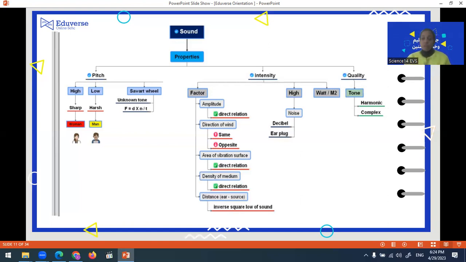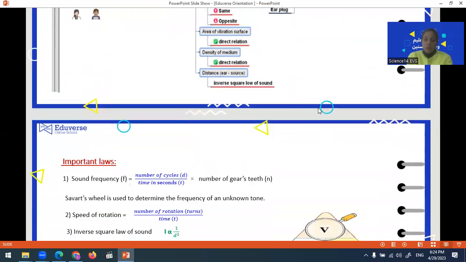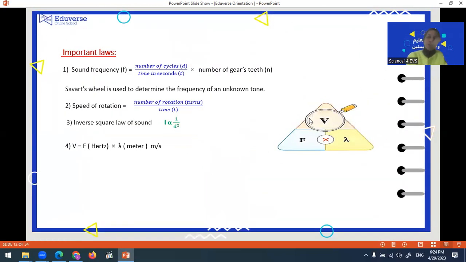Both of them, fundamental and harmonic, will give out the complex tone. The harmonic tone will always be greater in pitch and lower in intensity compared to the fundamental tone.